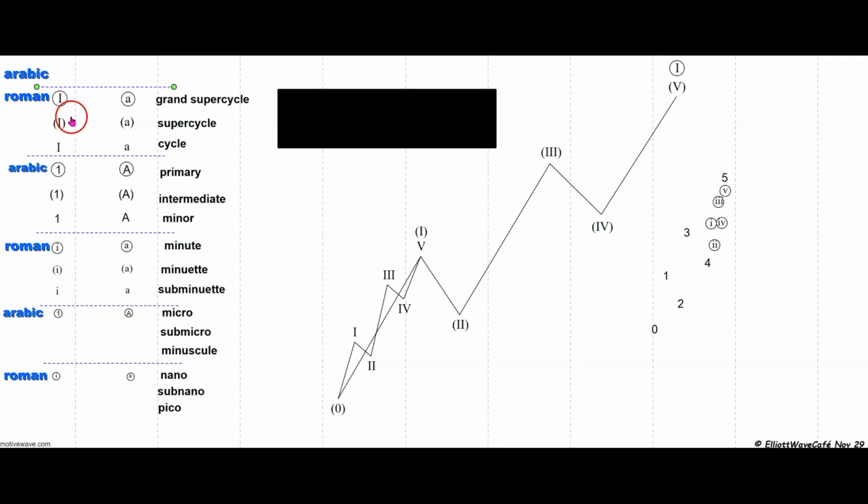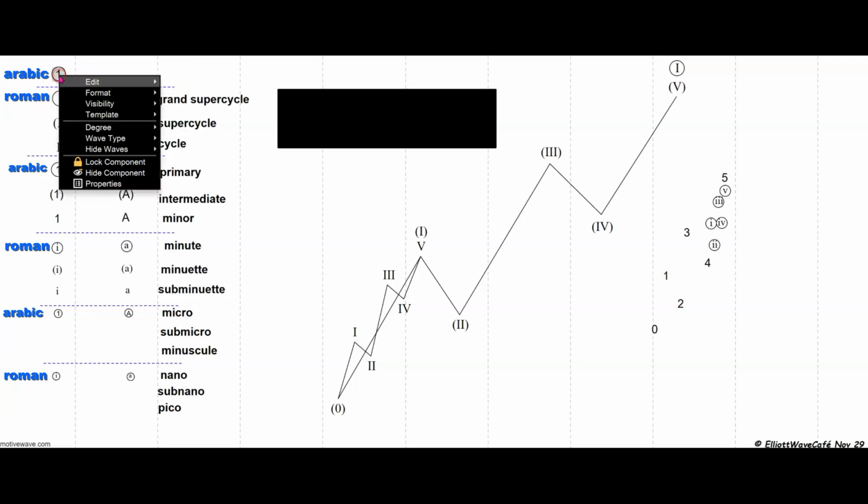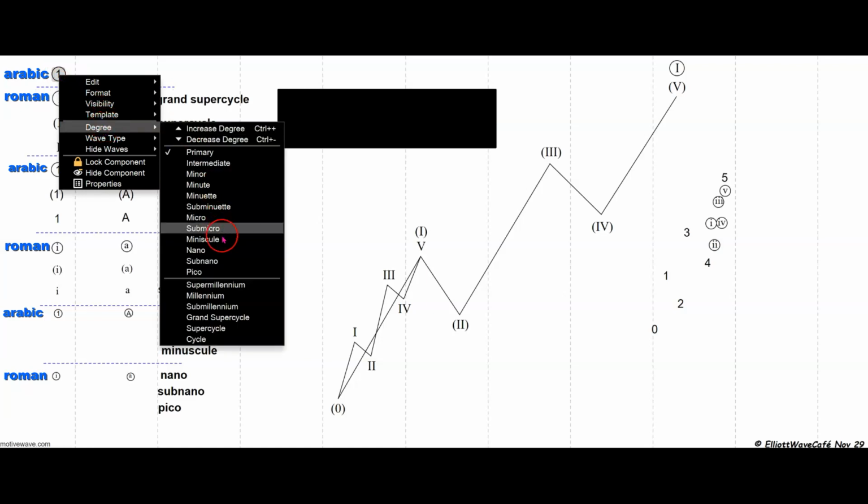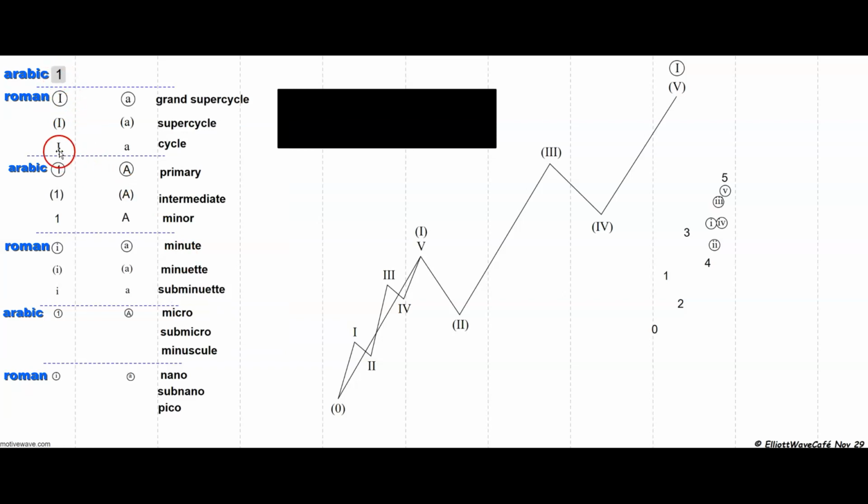So I'm going to go wave 1 in there, and then you have the submillennium right there, because you start from the bottom like that. And then the next one up, it's going to be same one, but with the parentheses. And then the next one higher, the super millennium, it's going to be this wave 1 with the circle.